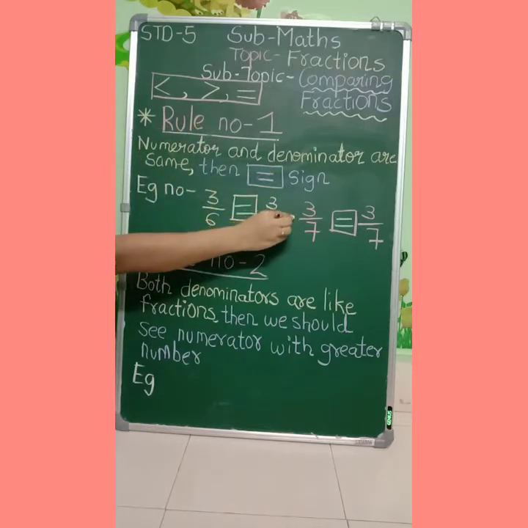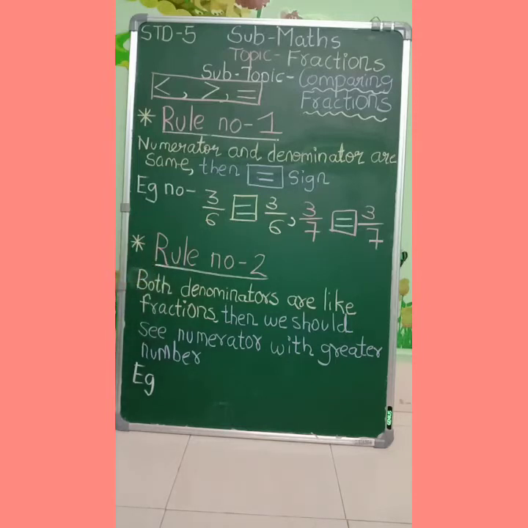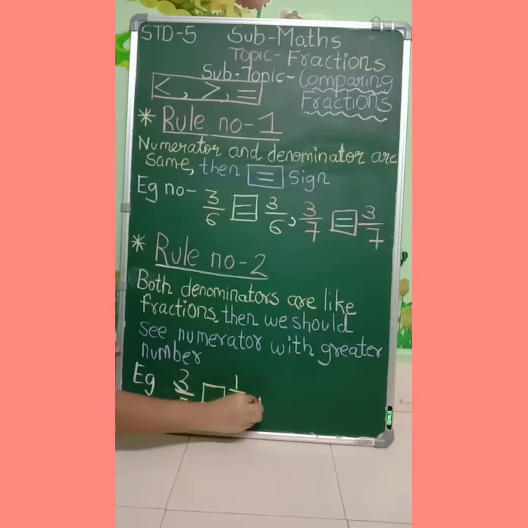Okay. Now see rule number 2. If both the denominators are the same, like fractions, then we should see the numerator with the greater number. That fraction is the greater fraction. See the example: 3 upon 5 and 1 upon 5.